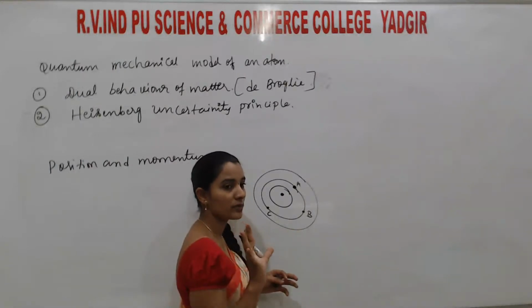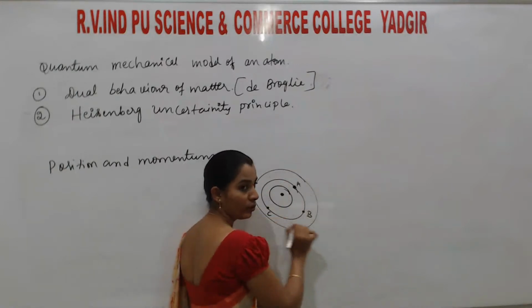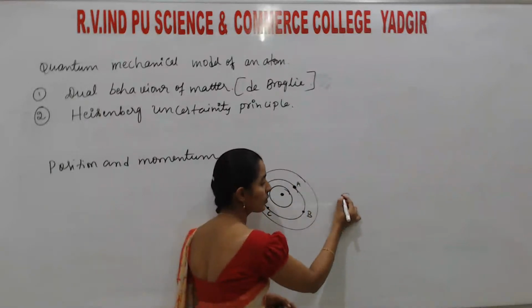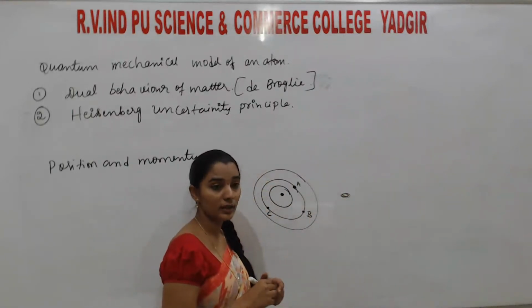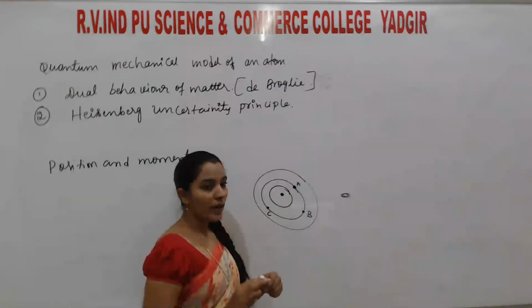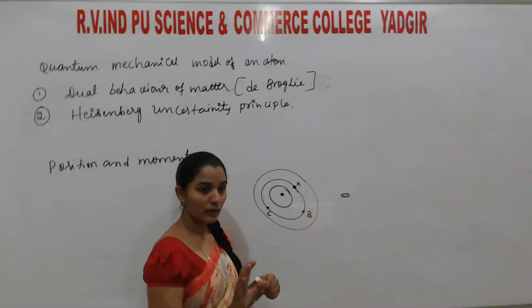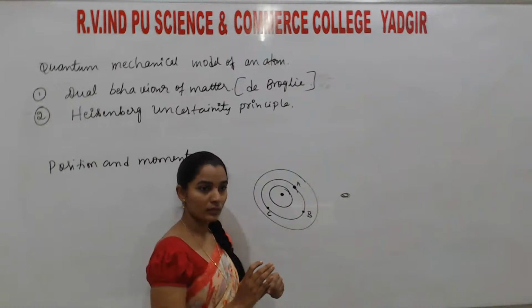Two types of momentum are there: spin and angular. Angular means one which is revolving around something. Spin means one which is revolving on itself, like Earth and Sun. Earth revolves on its own axis, correct? That is spin. At the same time, Earth is revolving around the Sun.